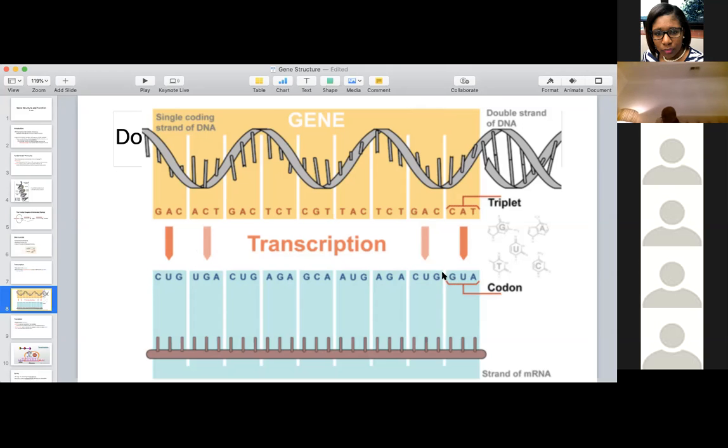But just stick with me for a second here and make sure that you're understanding this first step in the process, which is transcription. Before we can make protein, we have to make this intermediate molecule that we call messenger RNA. And the reason we call it a message is because right here, look at my cursor, we have some sequences of nucleotides that we read in groups of 3, and we call it a codon.